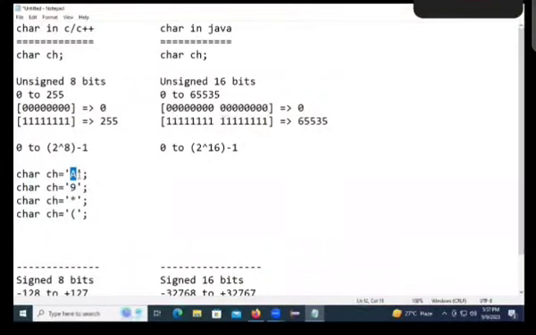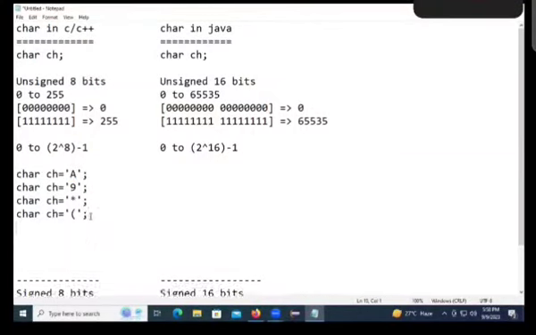So 65 will be converted to binary, and that binary value will be stored in the memory. If someone asks how this character will be stored in the memory, then you have to say it is its ASCII value. The ASCII value of A is 65, 65 will be converted to binary, then that will be stored in the memory.